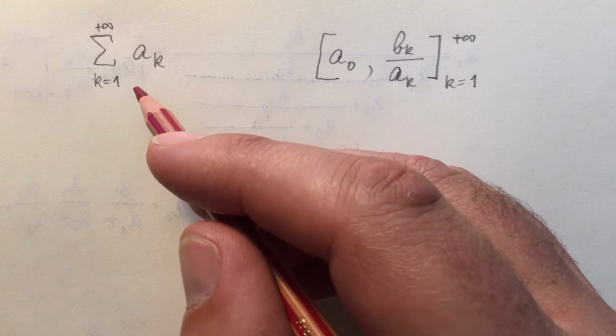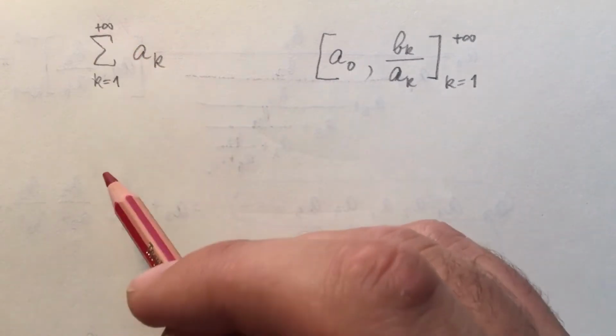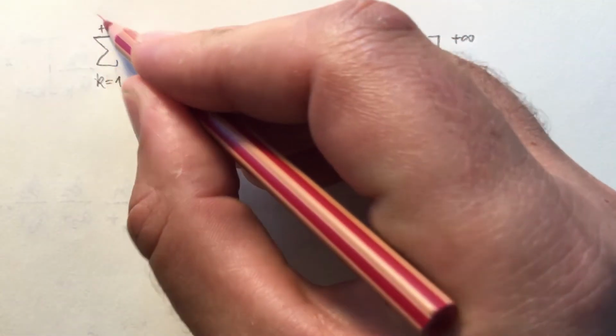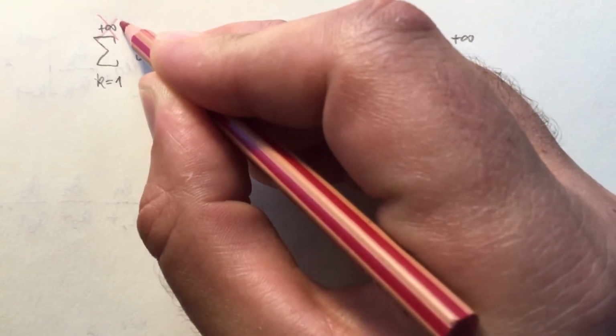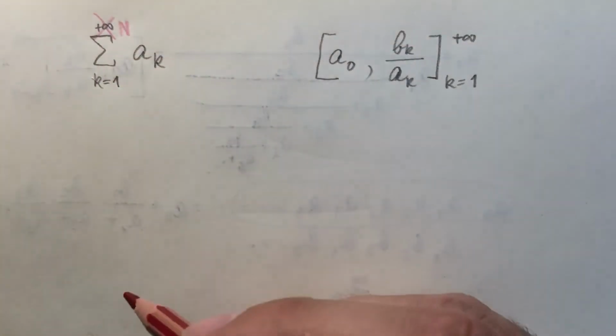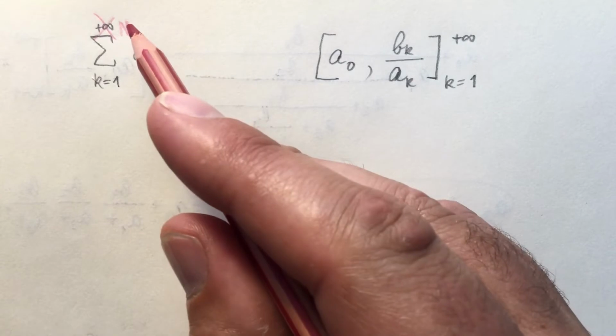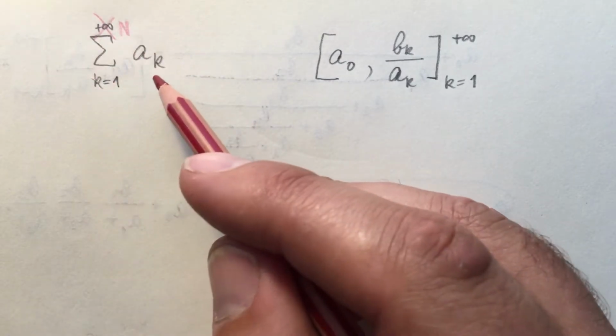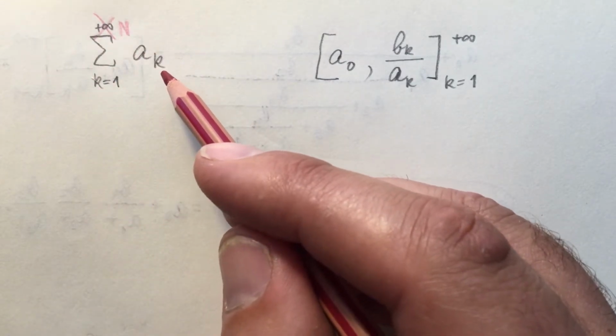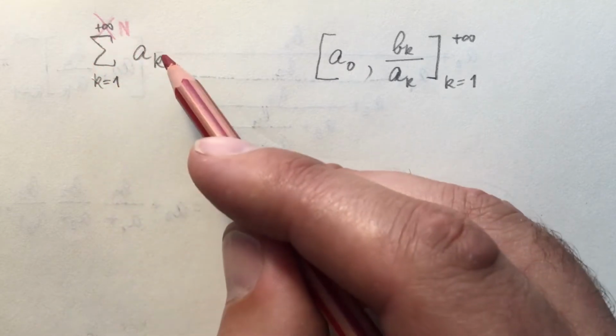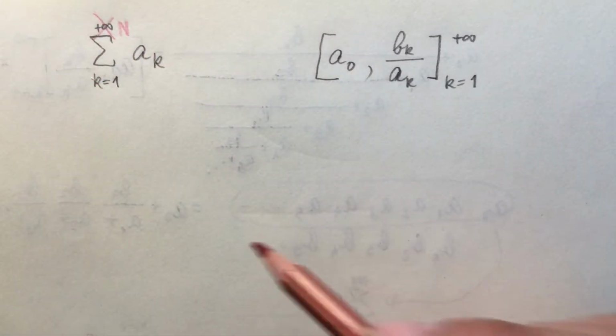Given a series, a summation with an infinite number of terms, we can truncate it, summing only a finite number of terms. And this summation may provide us a good approximation of the value of the entire infinite summation.